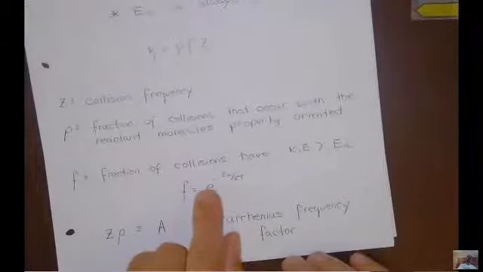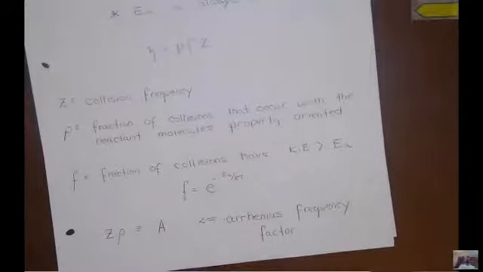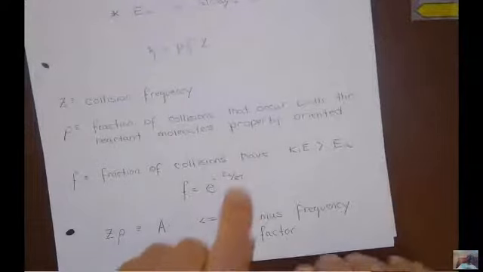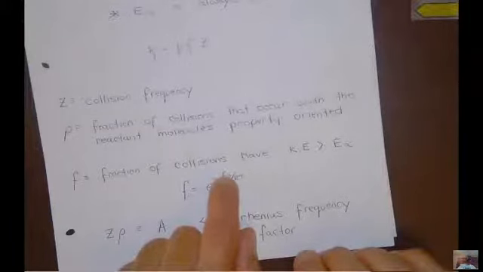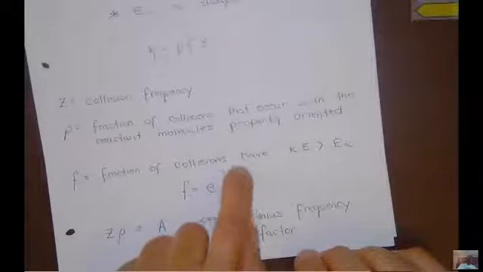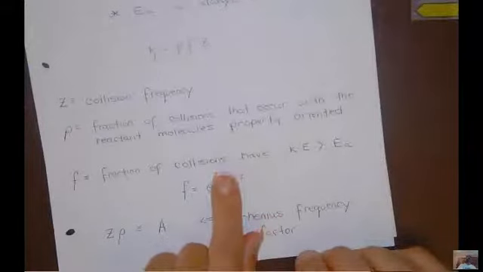Why? Because only a fraction of them have enough energy. You have to have enough energy, be in the right orientation, and you have to hit. So that's the F part. So what happens is when EA gets bigger and bigger, when temperature gets high enough to overcome EA over RT, this factor will become very small, and this number will approach 1.